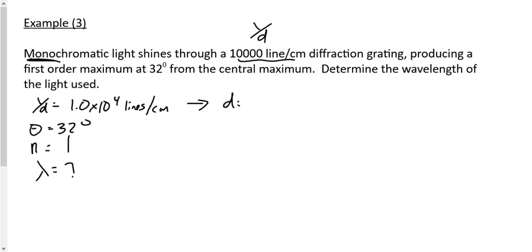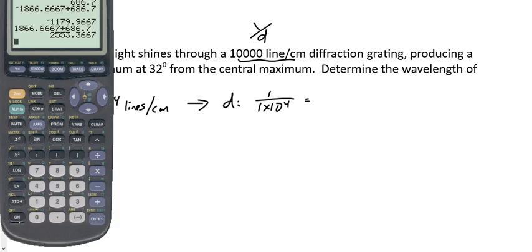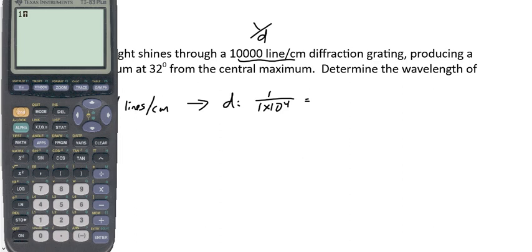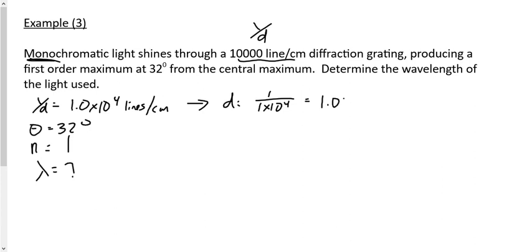If 1 over d is 1 times 10 to the 4, then d is going to be 1 over 1 times 10 to the 4. The easiest way to do that is take your calculator. 1 times 10 to the 4, right? 10,000. Flip it over, 1 over. Gives us 1.0 times 10 to the negative 4.